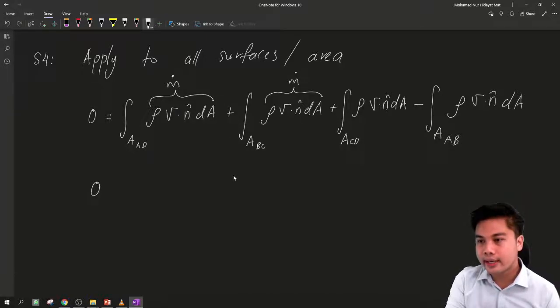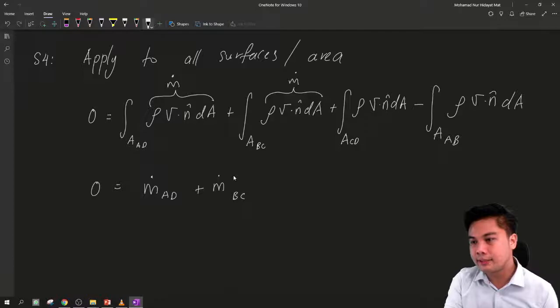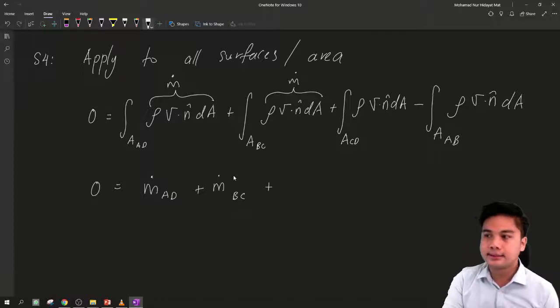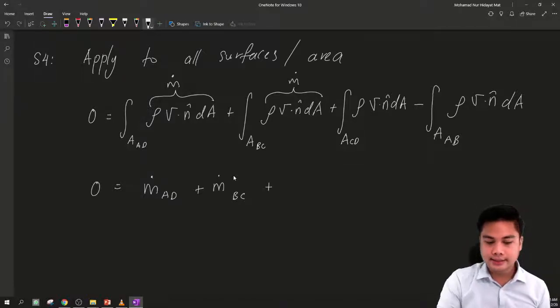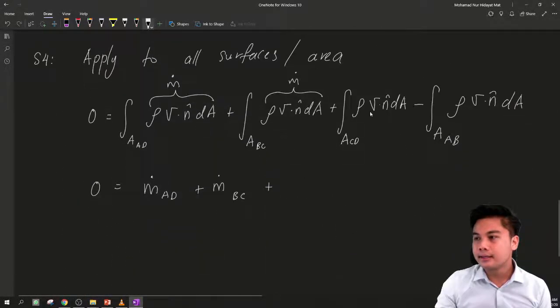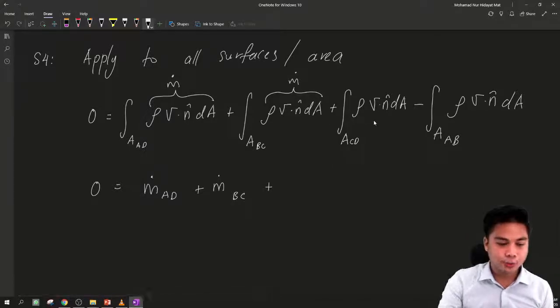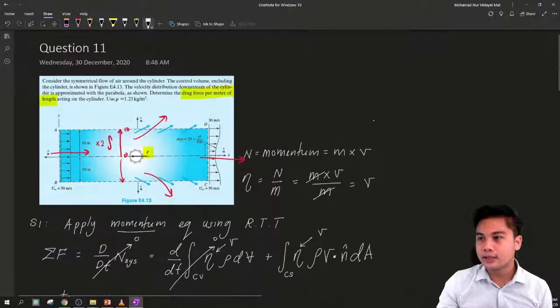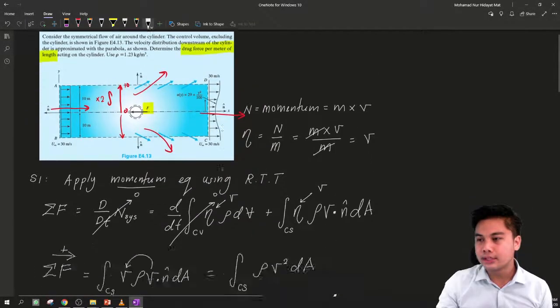So now we can replace with mass flow rate of AD plus mass flow rate of BC. Later on we can simplify. We focus on BC and multiply with 2, plus integration of area CD. So this is CD, given here the velocity. We can straight away apply, because we focus on velocity from 0 to 10, and we can multiply with 2 to get the bottom side.